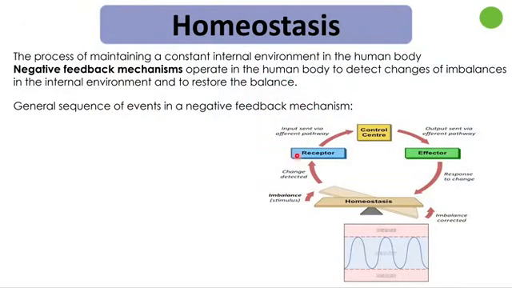So what is really important here is that word internal environment, because I think a lot of learners think that it has to do with where your heart is or the inside of your body, but it is actually much, much smaller than that. It is on cellular level, the constant internal environment on cellular level, meaning the fluid composition, the pH, the temperature, everything there, I want to keep as constant as possible.